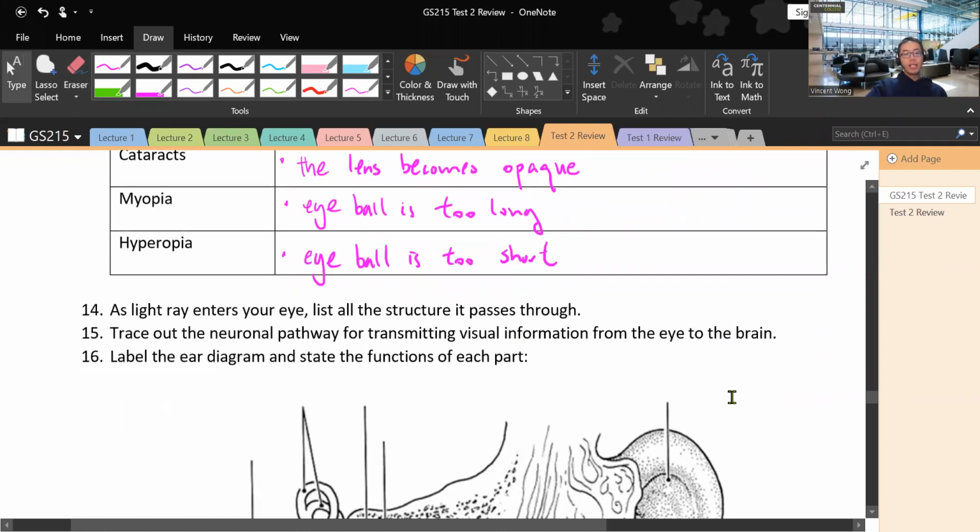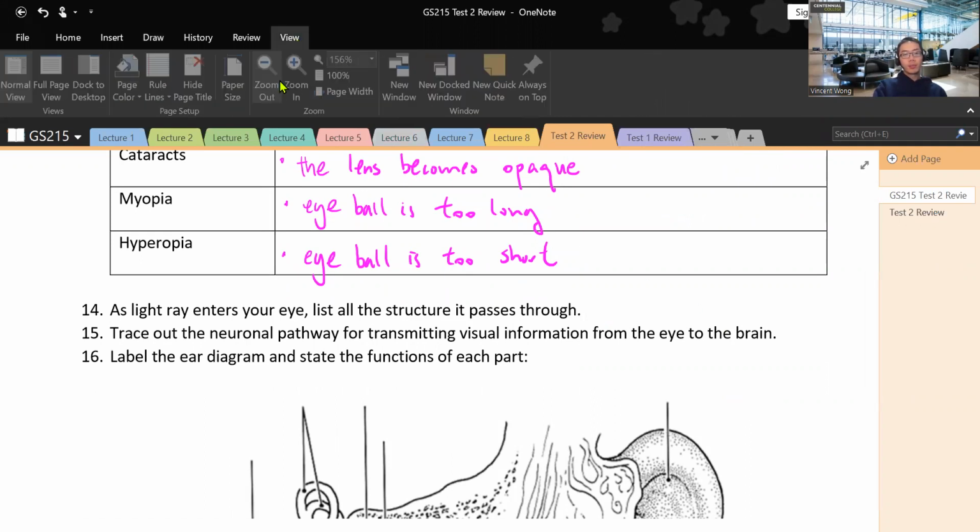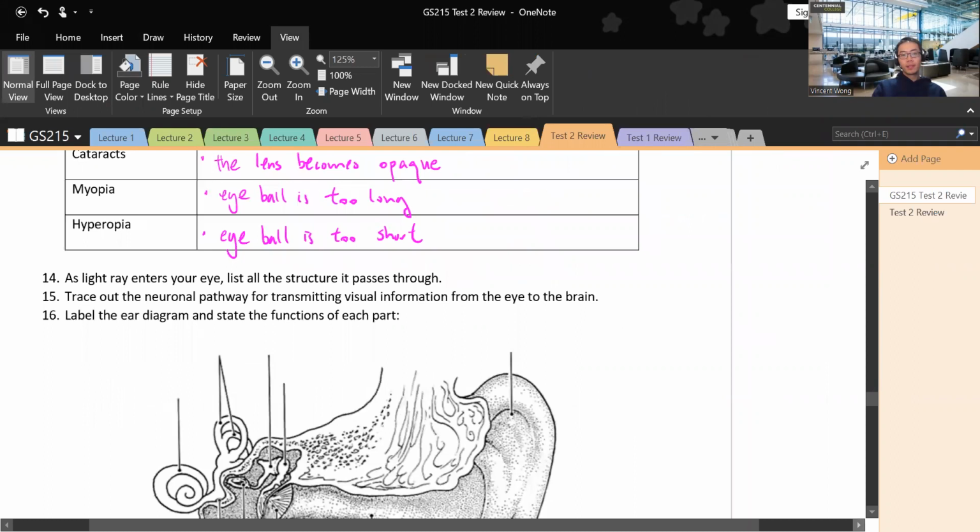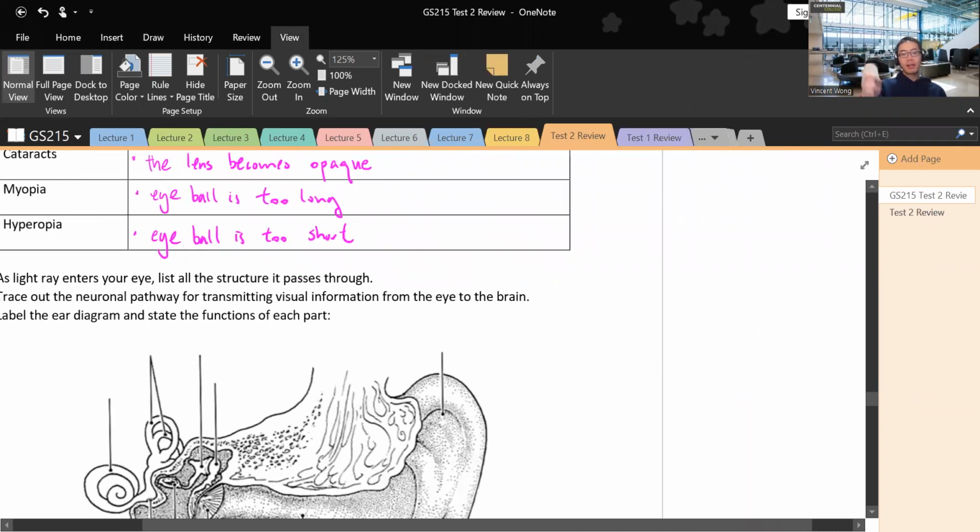Let's try number 14 here. As light ray enters your eye, list all the structures it passes through. Okay, so we can do that on the side here. Okay, so the first thing that the light ray will hit would be the lens, right? No, not the lens, sorry, the cornea. The cornea.